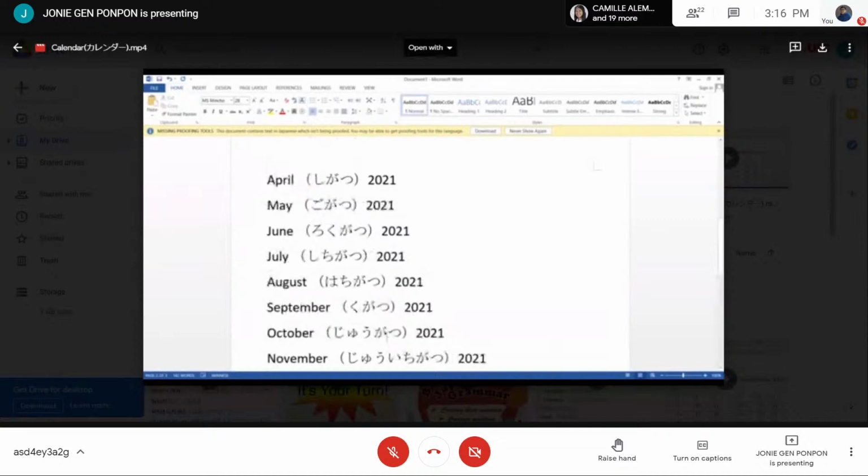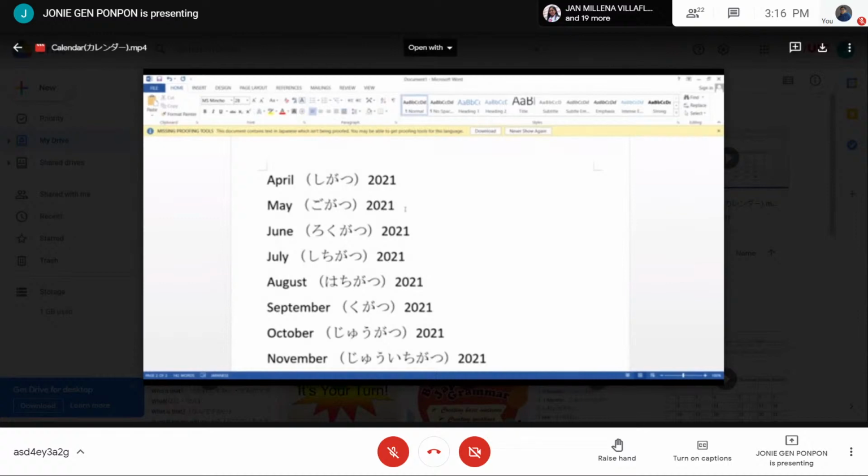Just remember the numbers 1 to 12, from the first month to the twelfth month, then you can use the gatsu suffix. Just connect the number in Nihongo plus the suffix gatsu, and you can now have a month.